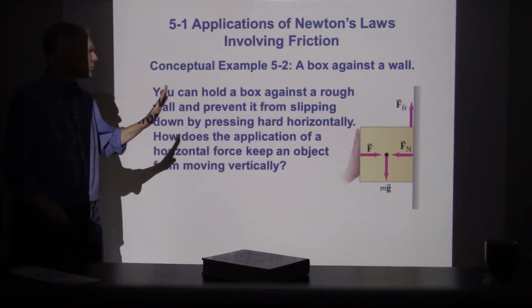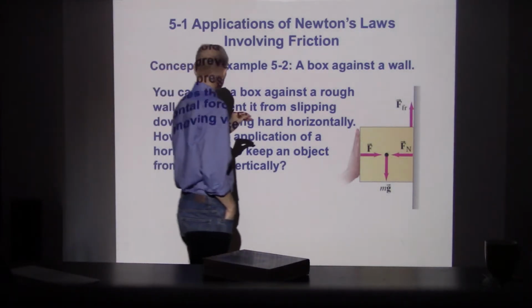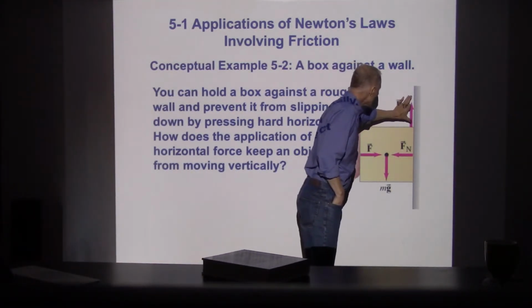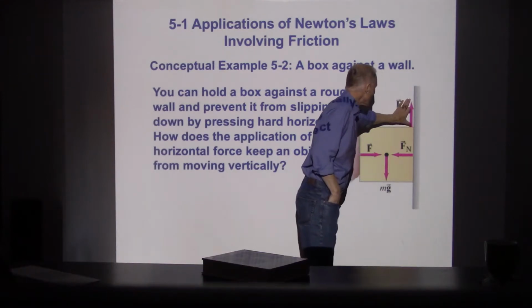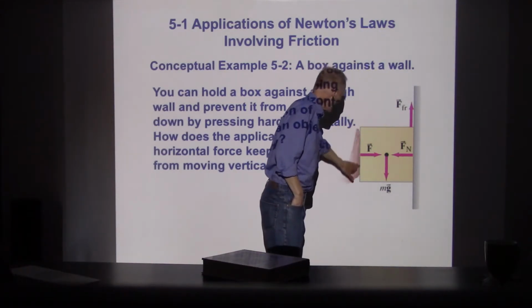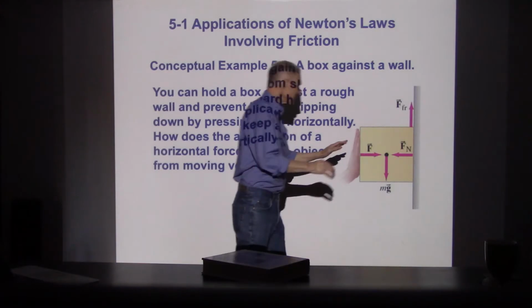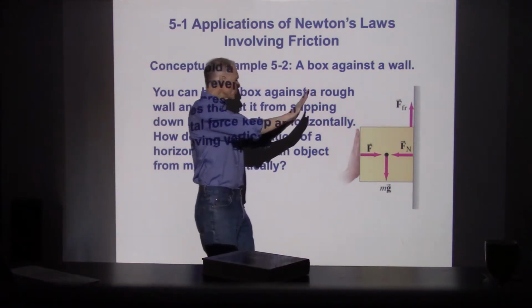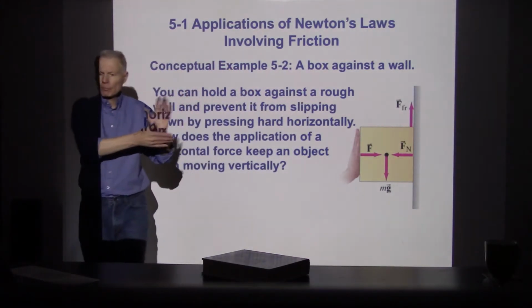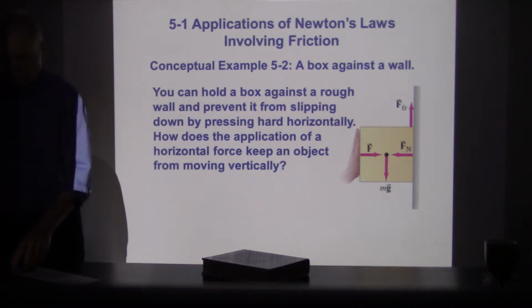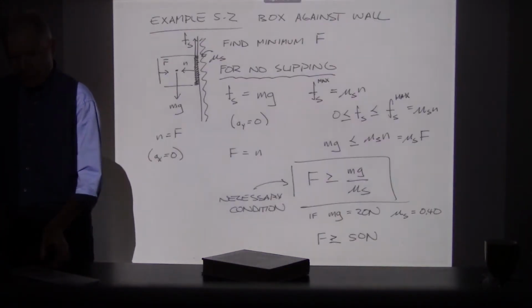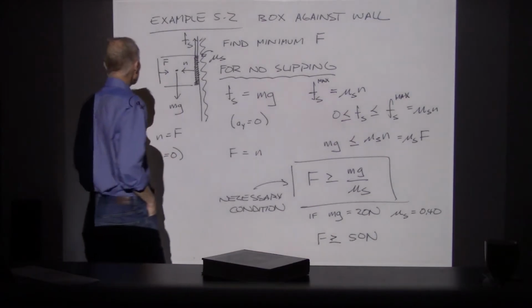But they're assuming that there's no friction on that side, I think. So I think what we have to do is assume that we've got a frictional force against the wall, but that the hand against the box is purely normal force. There's no friction along the surface on that side. So let's try setting up this diagram.